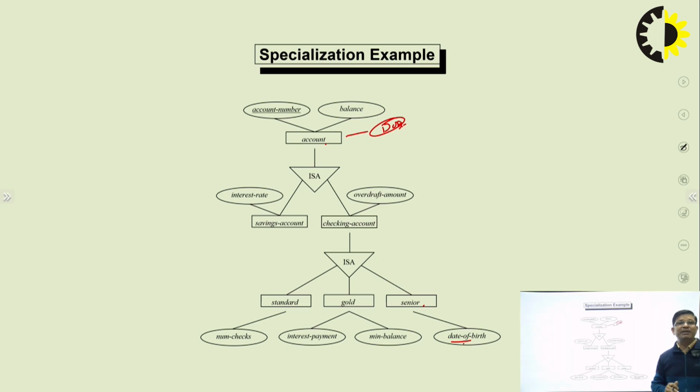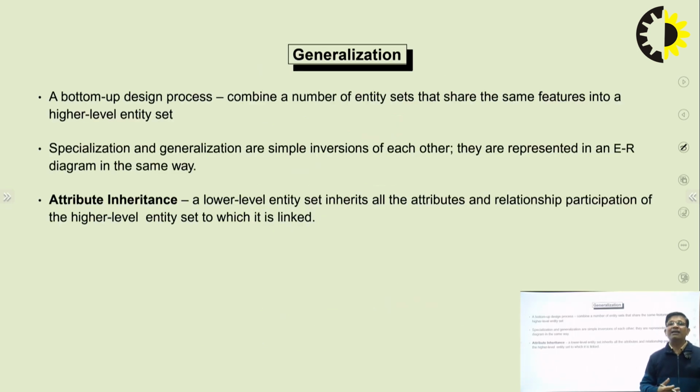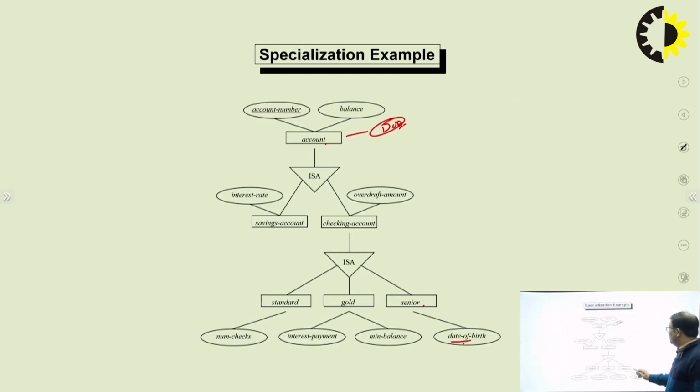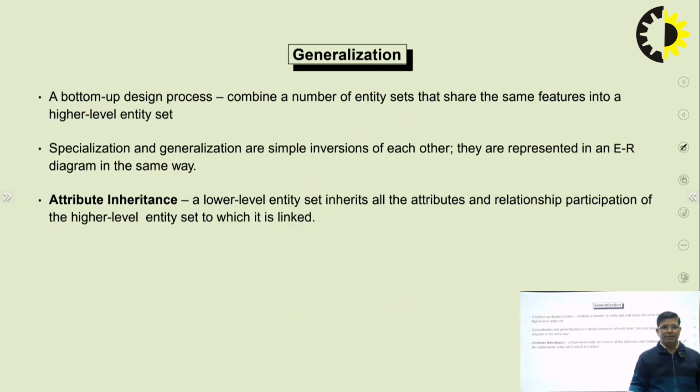So this is a specialization example, and this is the case of extended ER model or extended ER diagrams. Now, second is generalization. In this, these three are the accounts. If we are keeping that these all are the checking account, a checking account and saving account can be treated as an account only.